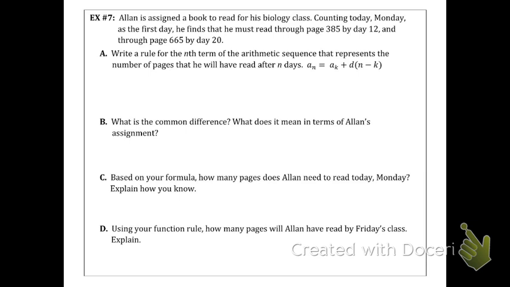So what we know here is from day 1 to day 12, so in the first 11 days, he needs to read 385. And by the 20th day, which would be A sub 19, he needs to read 665.